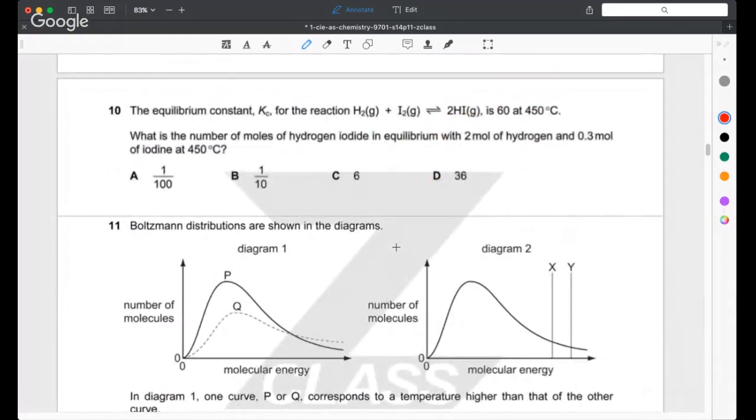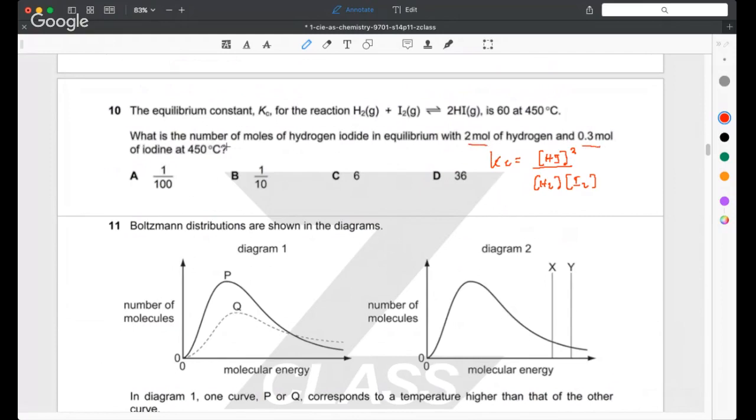Okay, question 10, I think fairly easy. Of course, you know that the equilibrium constant for this reaction is the concentration of hydrogen iodide squared divided by the concentration of hydrogen times the concentration of iodine. Now they don't give you concentrations; they're giving you the number of moles, aren't they? You've got 2 moles of hydrogen, 0.3 moles of iodine.